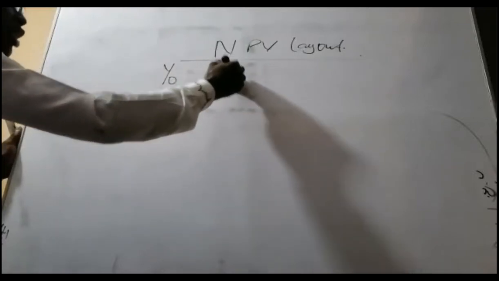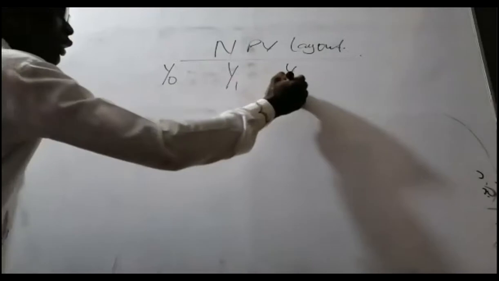So you start with your year. Year zero. But how many years? 4 years, right? So year one, year two, year three, and then year four.